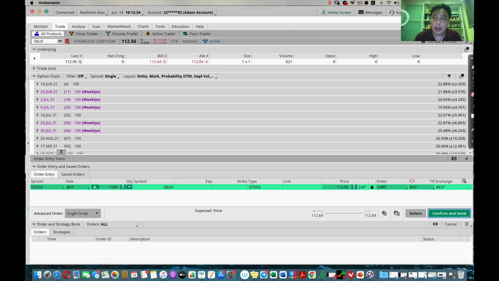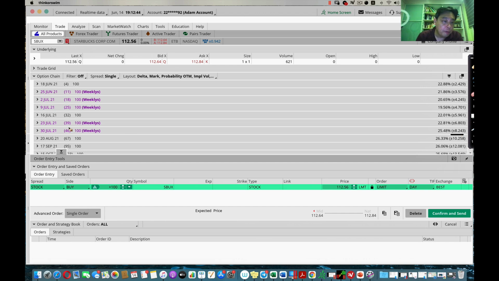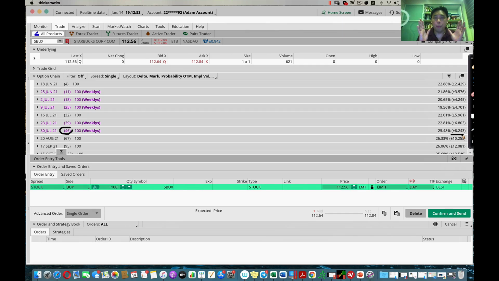Well, you can see from this tab that it will take you roughly 8.243, so it will take 46 days for the price to move by $8, either up or down. So to buy an option, you have to buy an option that expires in 46 days or longer. So let's take 46 days, which means this option expires on the 30th of July in about a month.